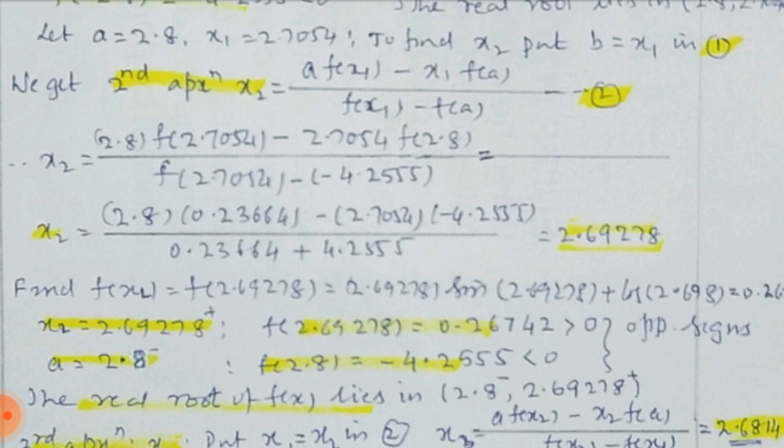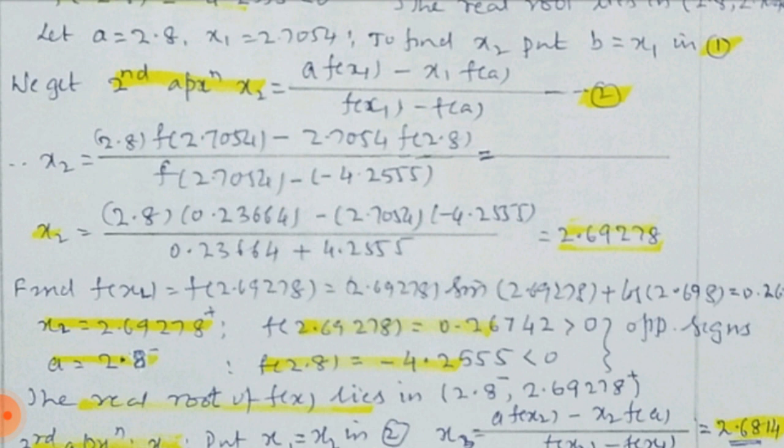It is positive, and f of 2.8 is equal to minus 4.2555, less than 0. These two have opposite signs. Therefore, the real root lies between 2.69278 and 2.8.